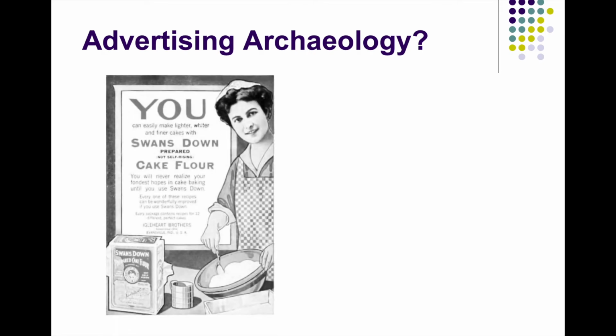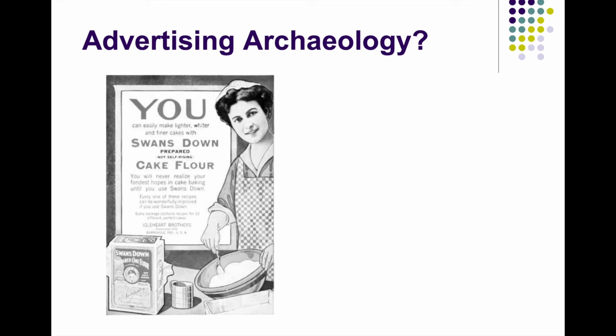Here's a couple more examples, right? A very old ad for a certain kind of baking flour. You can easily make lighter, whiter, and finer cakes with Swan's Down cake flour. You will never realize your fondest hopes in cake baking until you use Swan's Down. Well, there's so many things in an ad like this that reveal things about the culture in which it was intended to work. It tells us something about maybe the relative status of men and women in the culture.